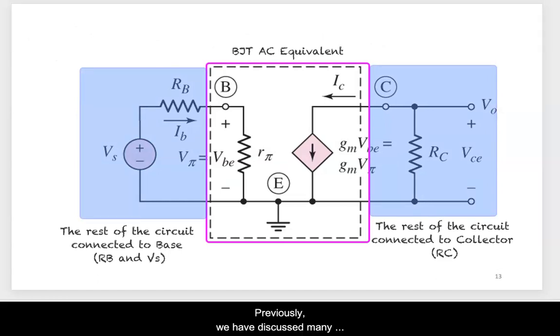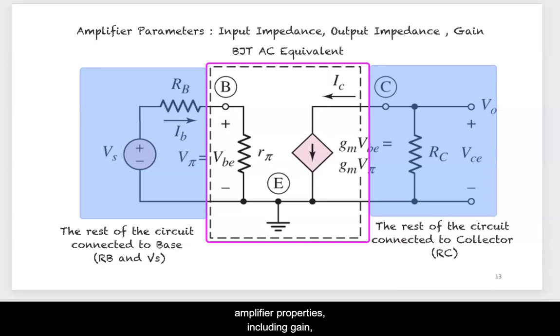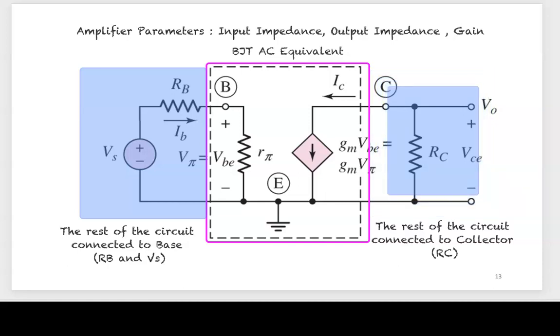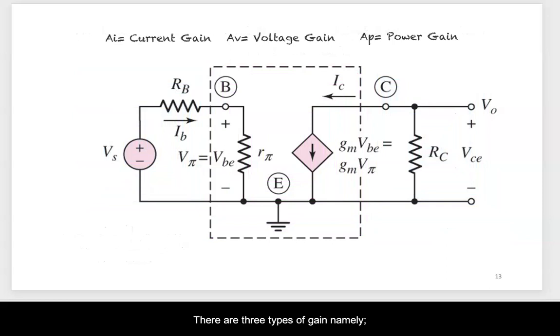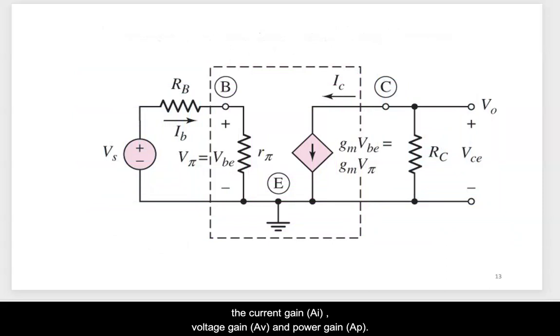Previously, we have discussed many amplifier properties, including gain, input impedance, and output impedance. There are three types of gain, namely the current gain Ai, voltage gain Av, and power gain Ap. Under normal circumstances, the common emitter exhibits all three types of gain.